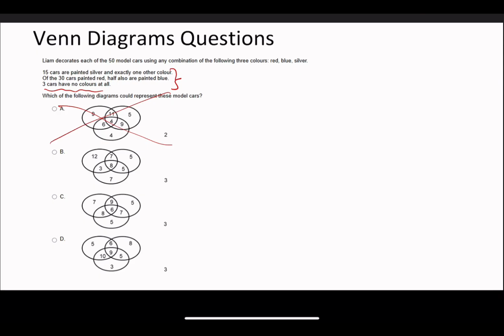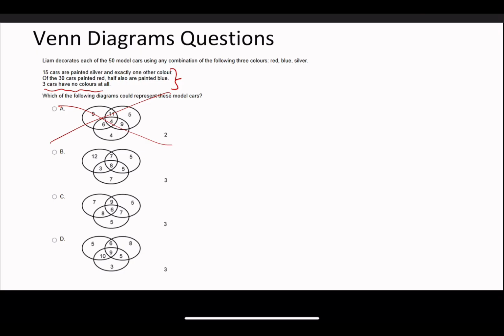15 cars are painted silver and exactly one other color, or of the 30 cars painted red, half also are painted blue. So now I would go for the top statement. The reason being is because it says are painted silver and exactly one other color. So I'm just looking for an overlap between 2 regions, and therefore that's important to have a look at.